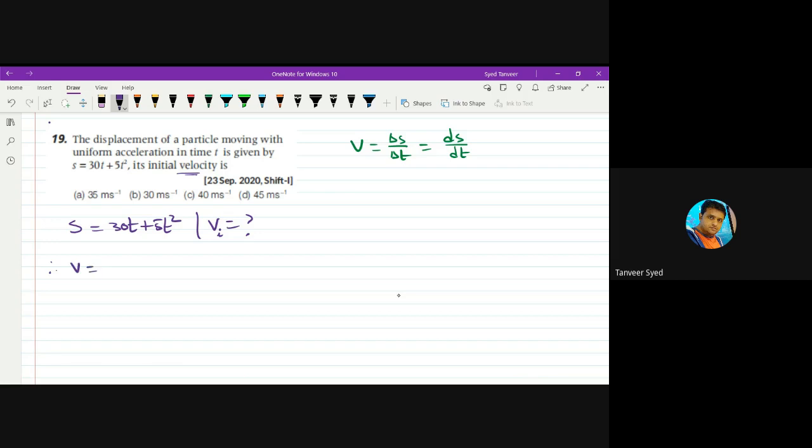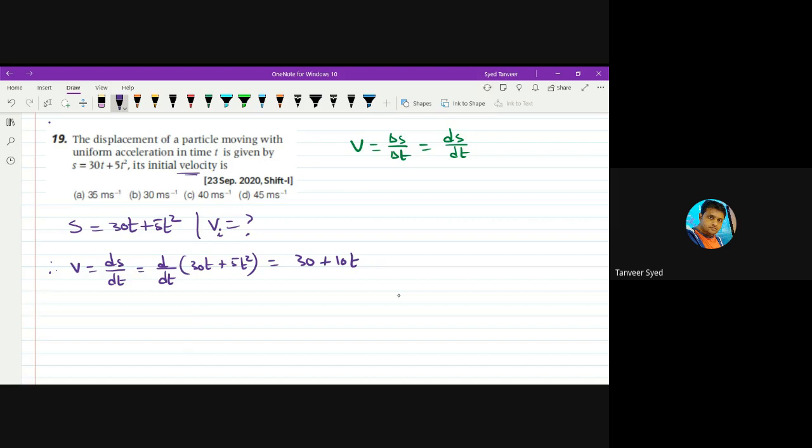Therefore velocity is equal to ds by dt, which is d by dt of 30t plus 5t square. Differentiation అందరికీ వచ్చు, కరెక్ట్గా వచ్చు. d by dt of 30t డైరెక్ట్గా రాస్తున్నాను, అందుకని డీటెయిల్స్ చేయట్లేదు. d by dt of 30t will be 30 plus d by dt of 5t square will be 10t.